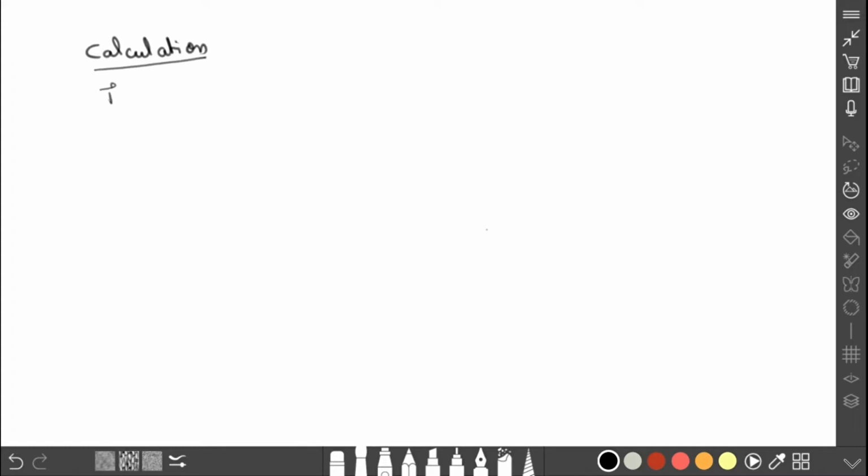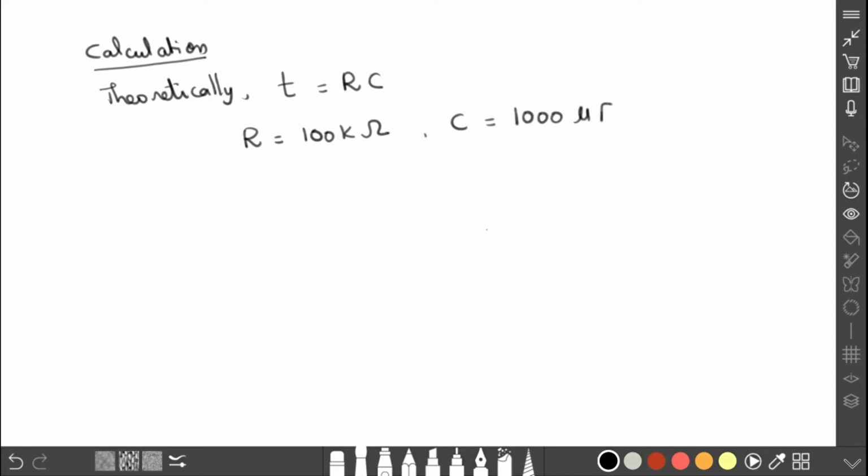So theoretically, time constant T is equal to R into C. R, as I already mentioned, is 100 kilo ohm, and C is equal to 1000 microfarad.